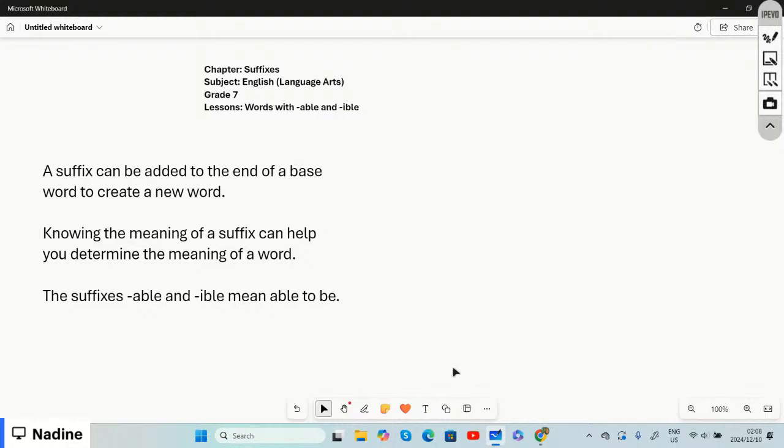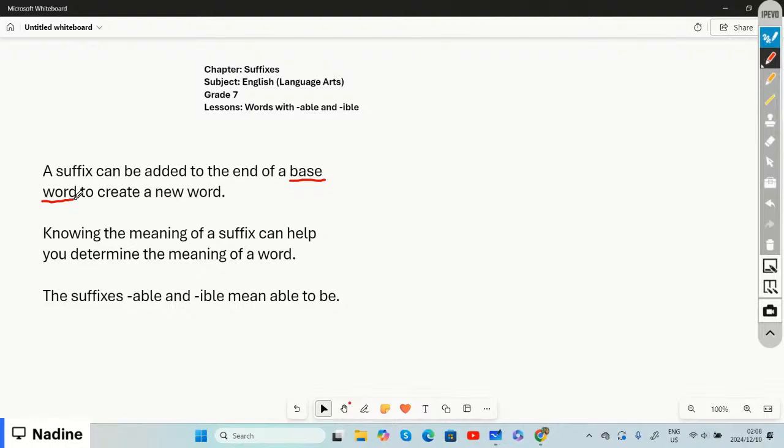A suffix can be added to the end of a base word. When it comes to either prefixes or suffixes, we have a base word, and this base word is a word that can stand on its own. So a suffix can be added to the end of that base word.